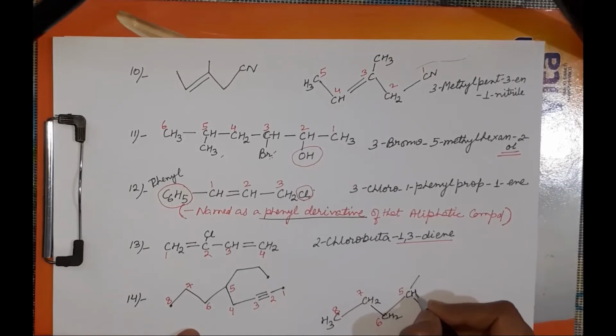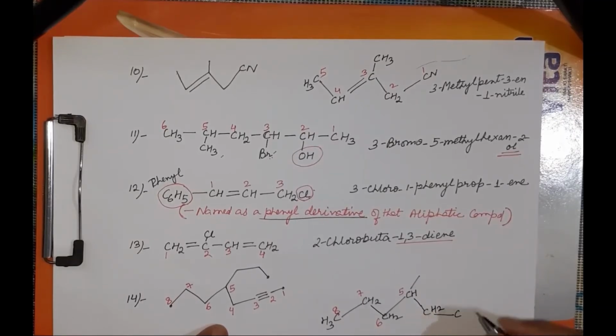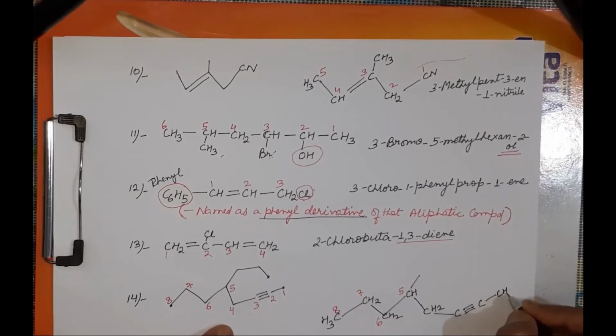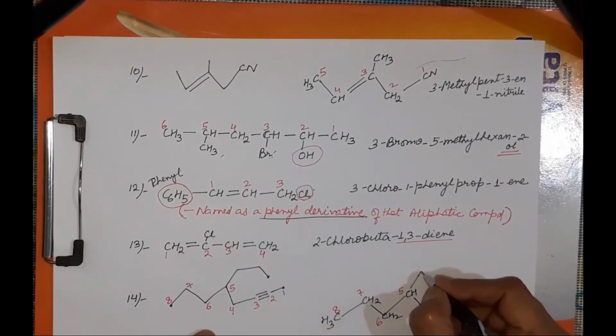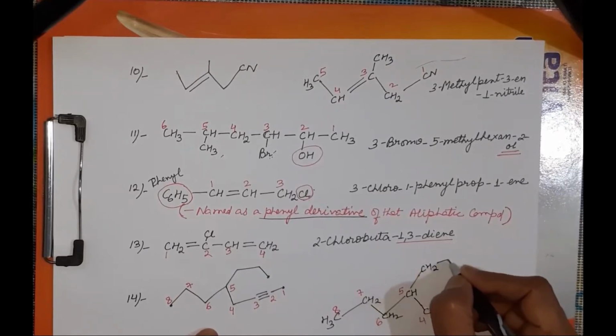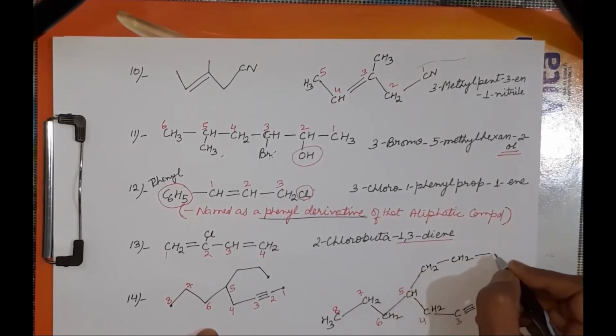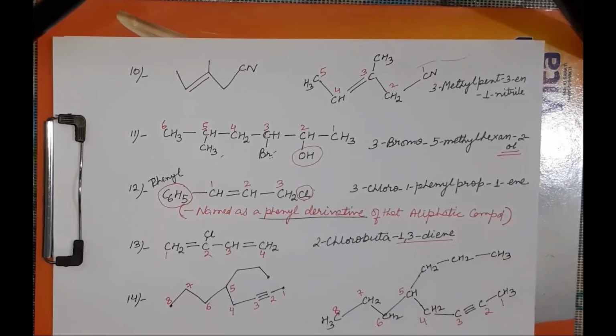Here this will be CH. This is the 4 number carbon atom, and then 3 number carbon atom. This will be CH2, and here this will be C only, and then here it is CH3. So this is 4, 3, 2, 1. And coming to this side, this will be CH2, CH2, and this will be CH3.